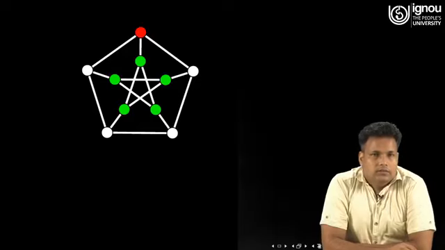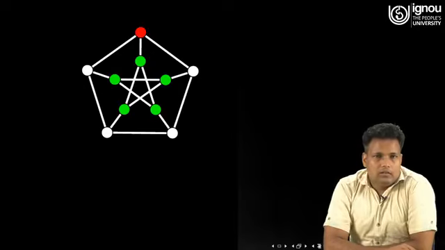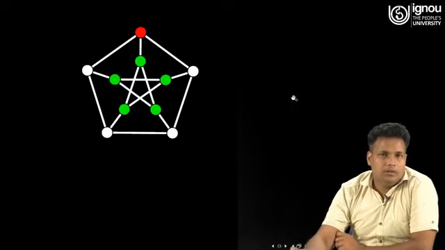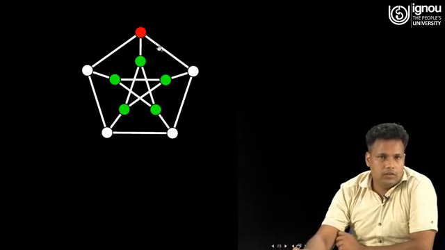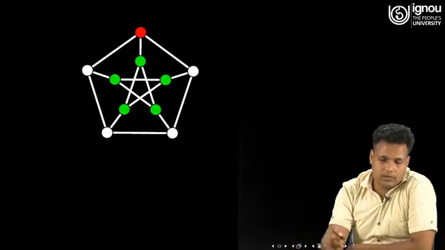Now look at this graph. It is a famous graph known as the Petersen graph. We shall draw an isomorphic copy of this graph. For convenience, we have colored the vertices green and red.